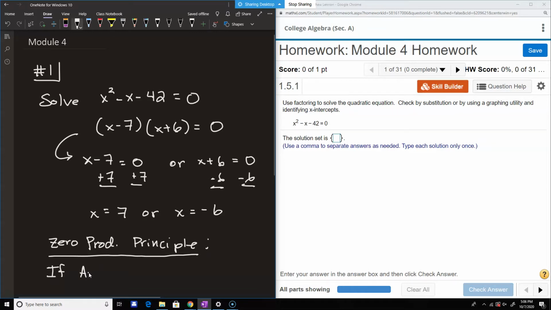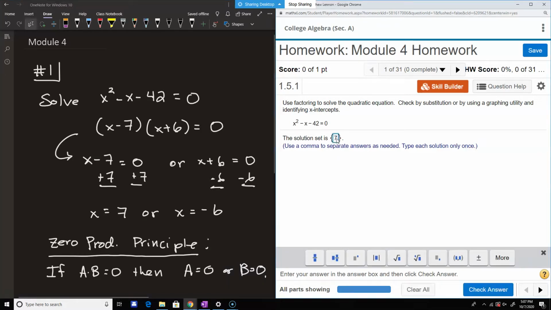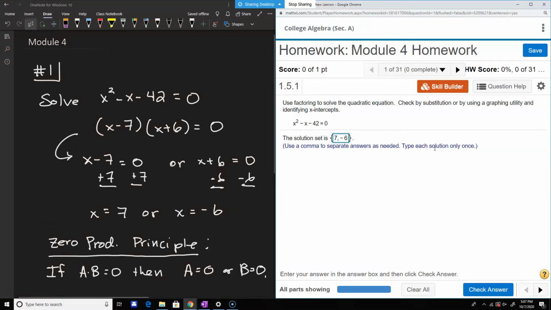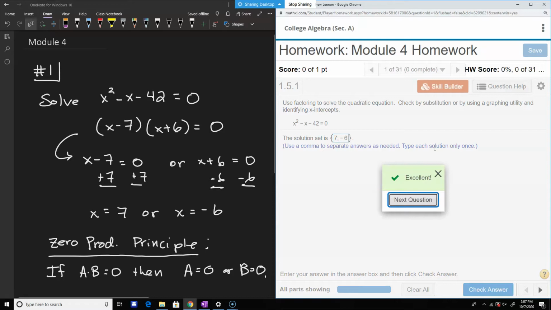So if a times b equals 0, then either a is 0, b is 0, or both are 0. So that's what we're invoking to find the answer there. So 7 and negative 6. Okay. So really just one extra step past the normal factoring.